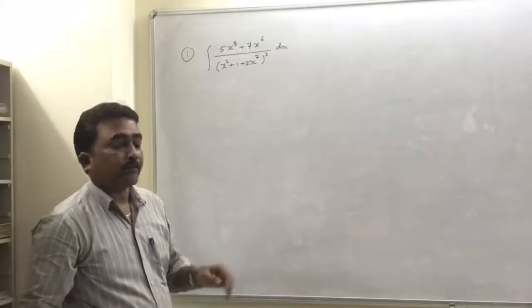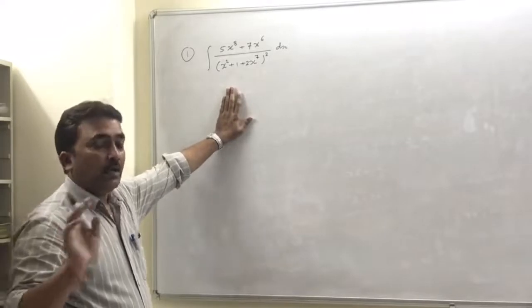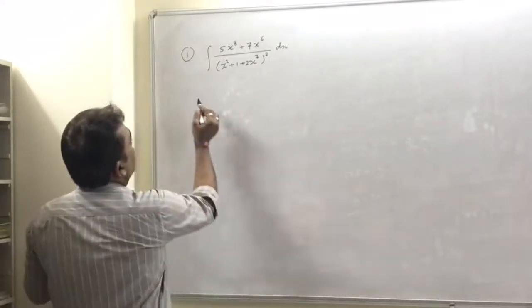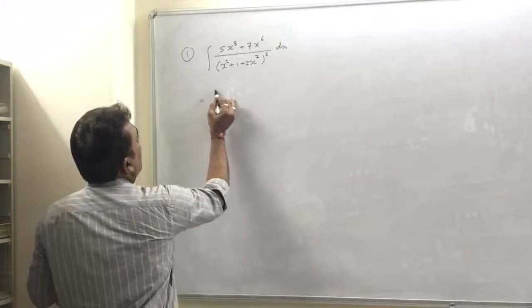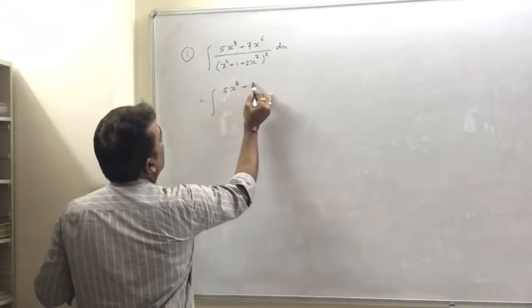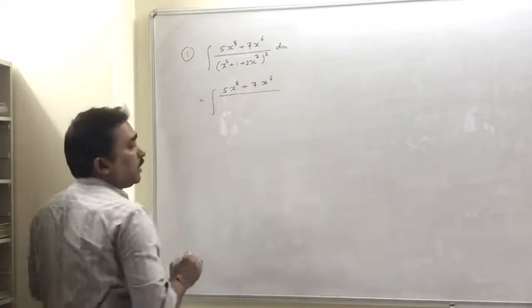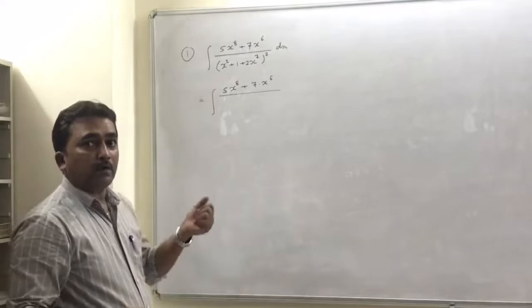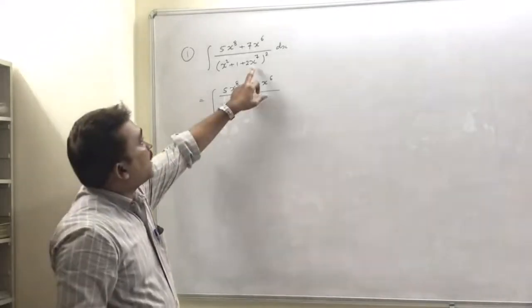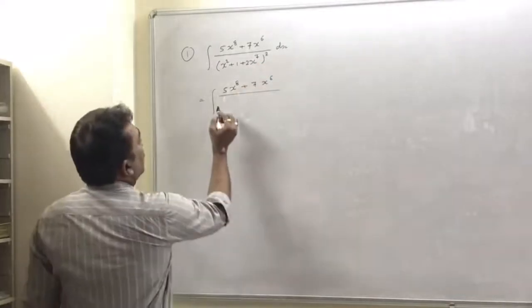Question is this: this type of sum is asked very often. Here always we start in this way: 5x^8 plus 7x^6. From the denominator take the maximum power of x as common. x^7 common, x^7 whole square, so x^14 common.